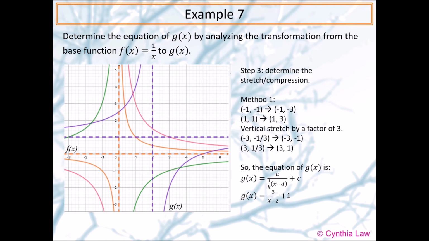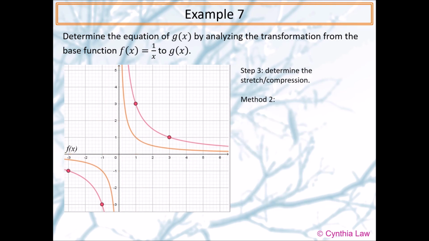And k is 1 because we didn't look at it. And then d is 2 and c is 1. So when we substitute, our final equation is g of x equals 3 over x subtract 2 plus 1. That's using method 1. And our asymptotes are x equals 2 and y equals 1.